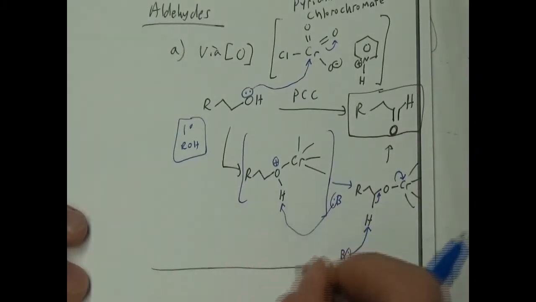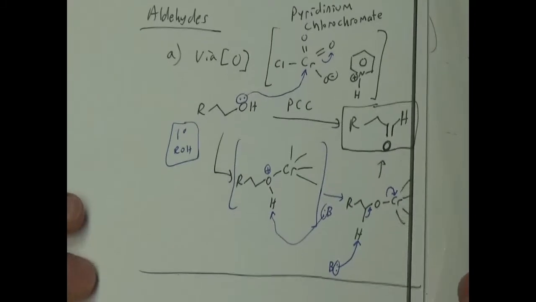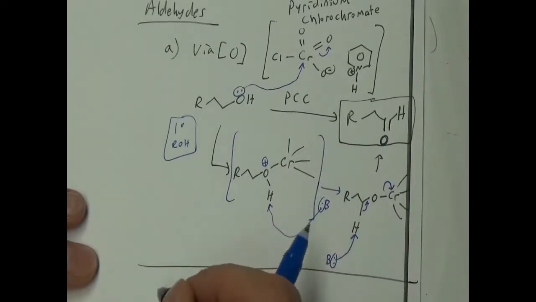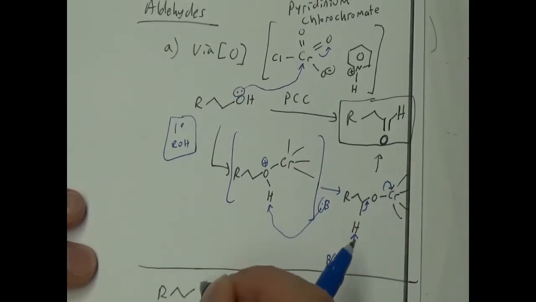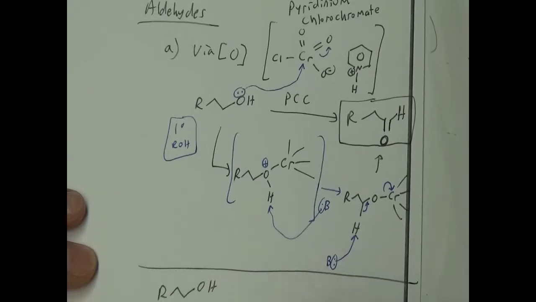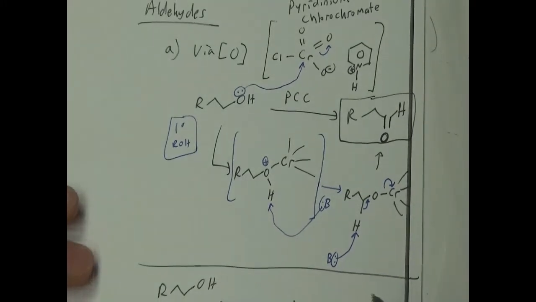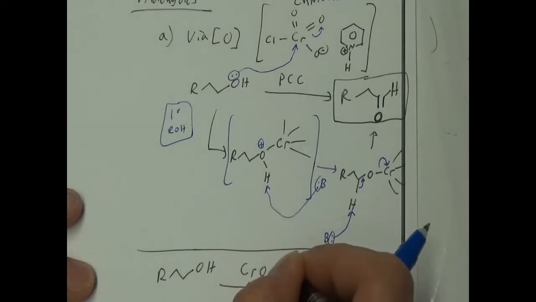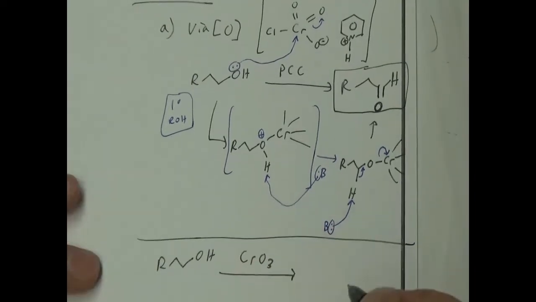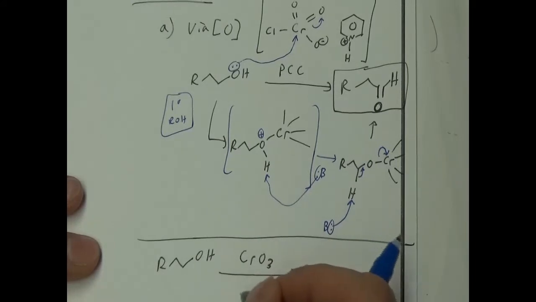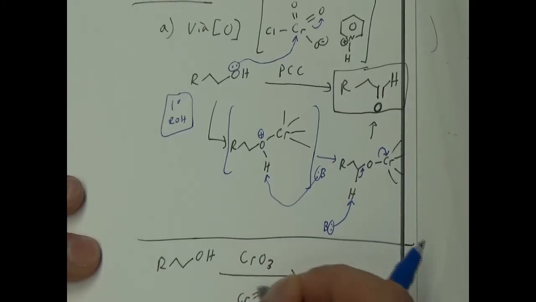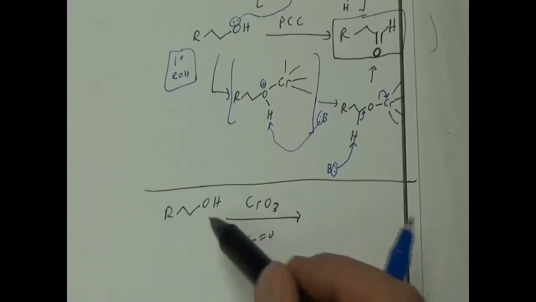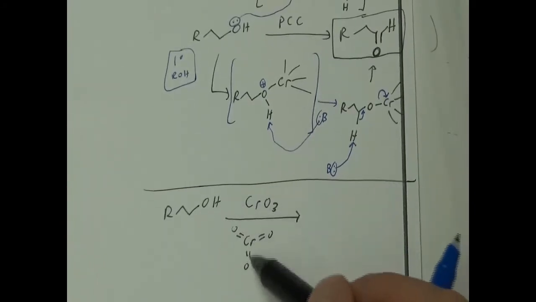Also, just note, while we're talking about oxidation, that if you use a primary alcohol and you use a stronger oxidizing agent, I guess, CrO3, which is chromium trioxide, it does the same exact thing. Oxygen attacks chromium, and so on.